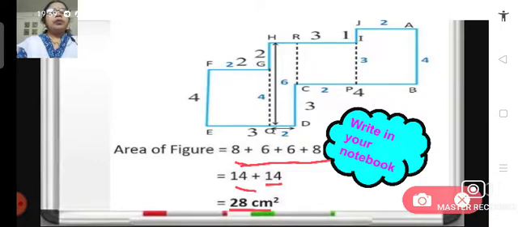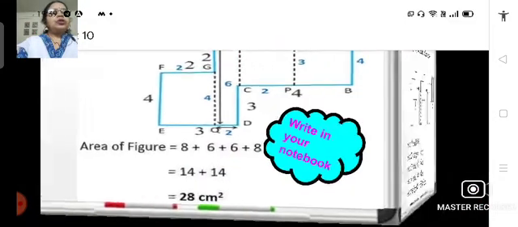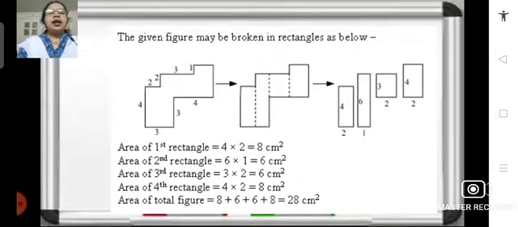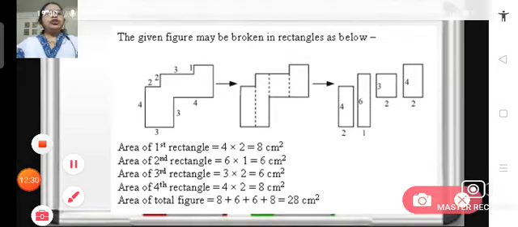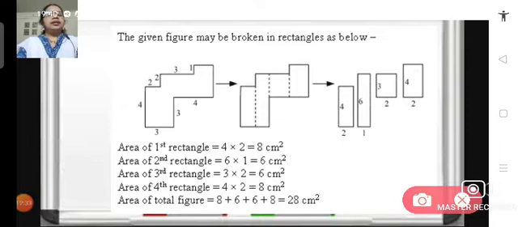Children, this problem is very simple, but to understand you have to write all the steps in your notebook. You can also, in short, if you understand how to find out the sides, directly find the area of the figure. It will be area of first rectangle, that will be 4 multiplied by 2, isn't it? That is 8. Then it will be 6 multiplied by 1, this rectangle.